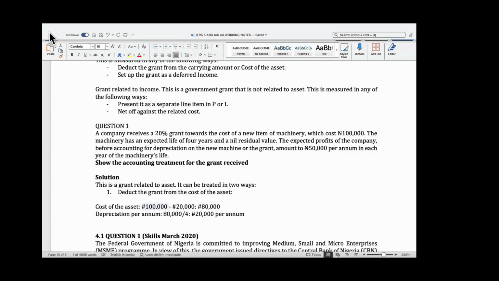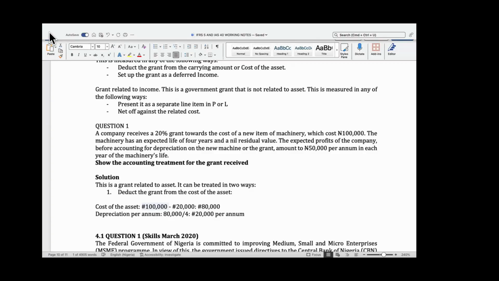Okay. Let's go to Michael. Okay, sir. I'll credit grant account with 20,000. Then the cost of assets also, as in asset accounts and PPE, I also credit PPE with 80,000 naira.